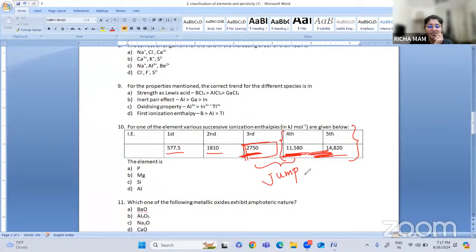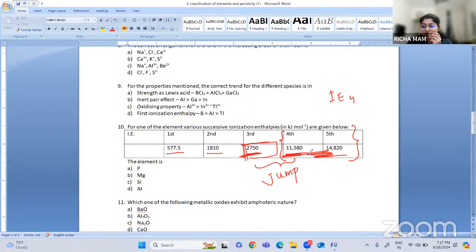It means that IE4 is much higher than IE3, so the element has three valence electrons. After the third valence electron is removed, the energy required to remove the fourth is much more. So the answer is option D, aluminium. Aluminium is 13: 1s2, 2s2, 2p6, 3s2, 3p1.